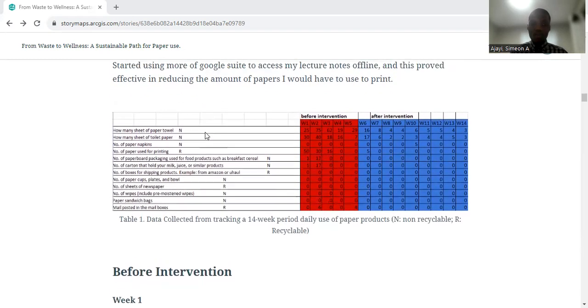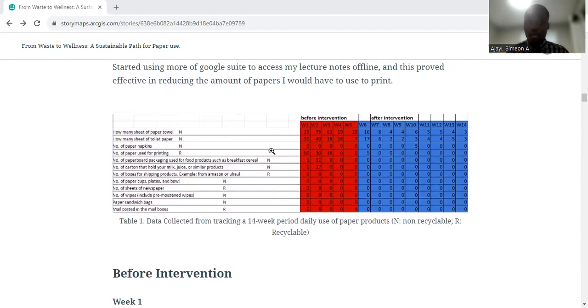All right, so this is Table 1, showing the data that I collected from tracking daily use of paper products over a 14-week period. We can see the paper products that were subjected to the research. Weeks 1 to 5 are the before-intervention period, and weeks 6 to 14 are the after-intervention period.